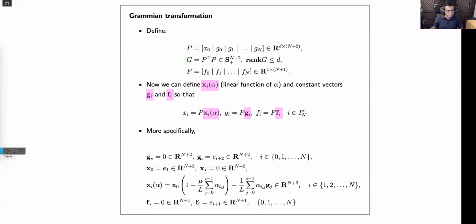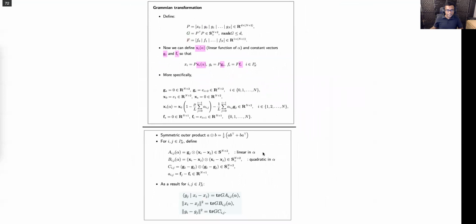Once we have done that, there is a major advantage, which is defining the symmetric outer product. My apologies if this is getting a bit technical, but this is actually important. One thing you could do is just trust me that this is correct, but I will try to go through what is actually going on.